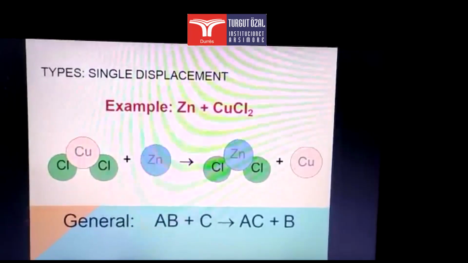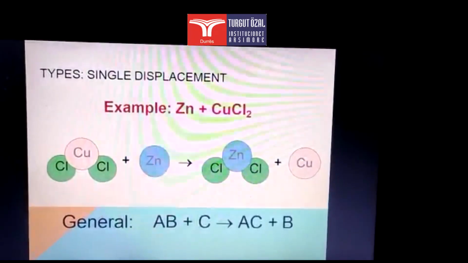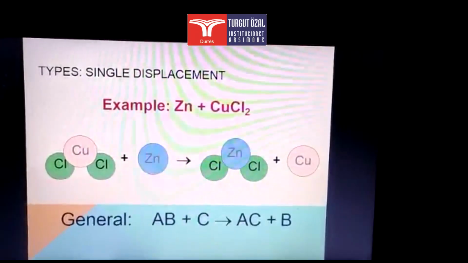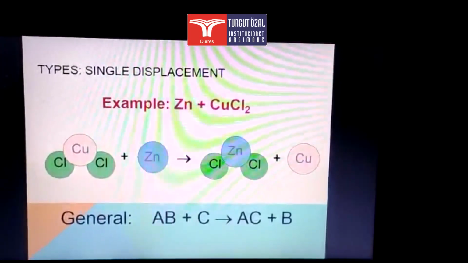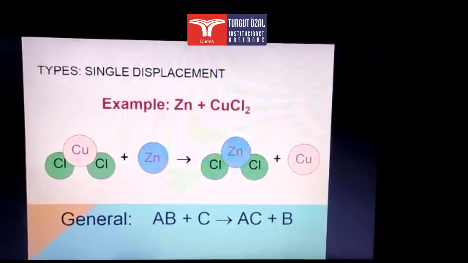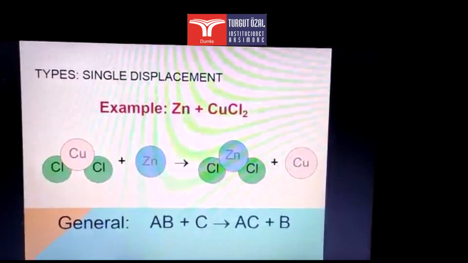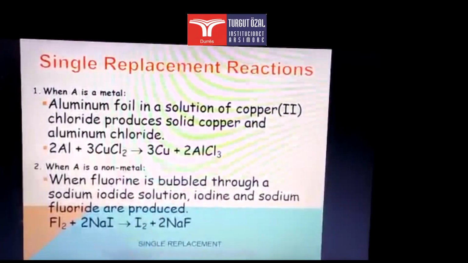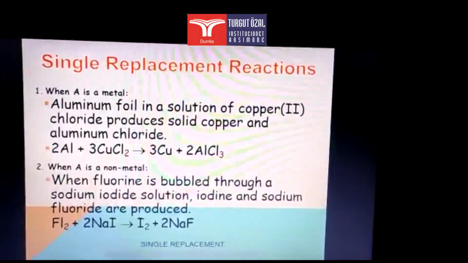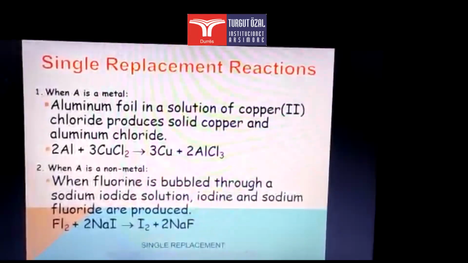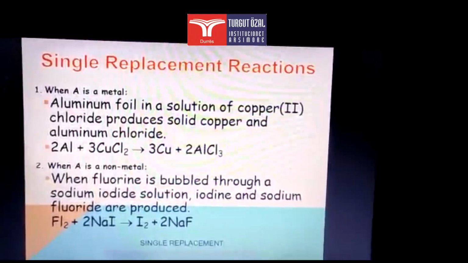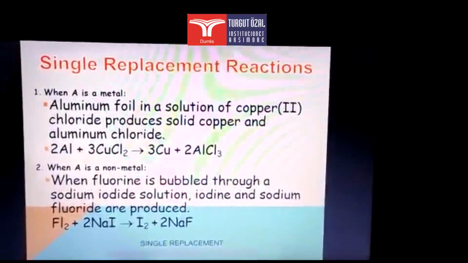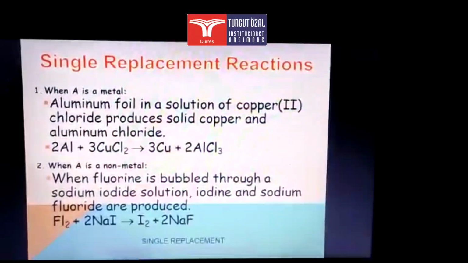For example, zinc plus copper chloride: zinc replaces copper, which gives zinc chloride and free copper. So AB plus C gives AC plus B. When A is a metal, aluminium foil in a solution of copper(II) chloride produces solid copper and aluminium chloride. When A is a non-metal, when fluorine is bubbled through sodium iodide solution, iodine and sodium fluoride are produced.